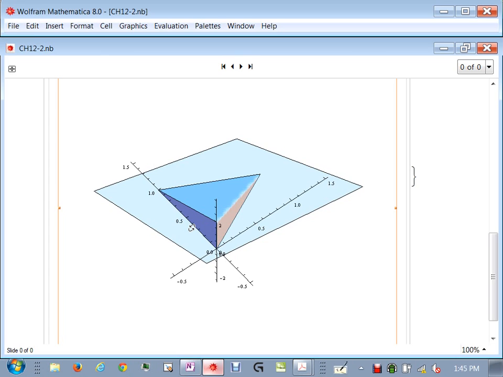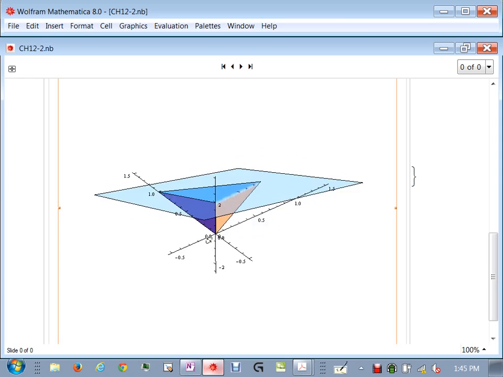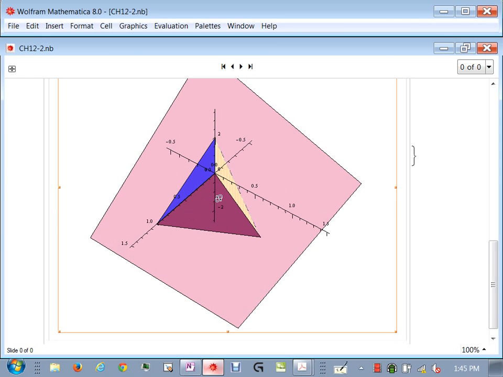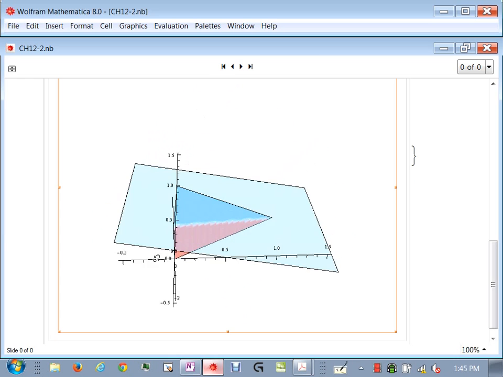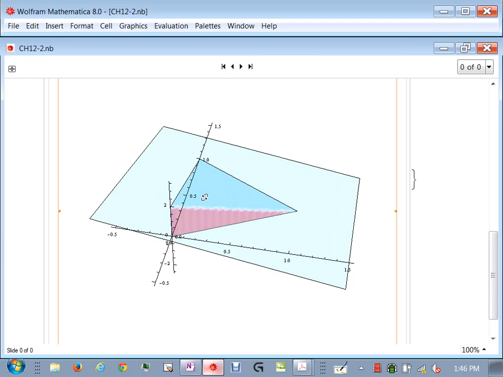X is 0, right? The YZ plane. And then the bottom of the tetrahedron was what? Z is 0. But that top part right here is what? The non-trivial plane, x plus 2y plus z equals 2.